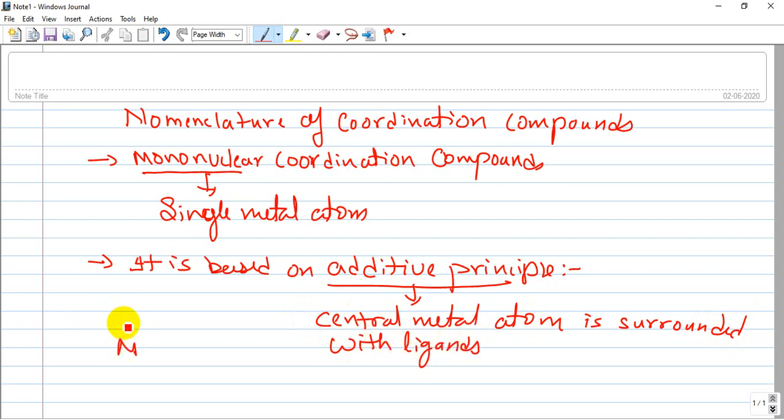Like this, you can see the structure. So when the metal is surrounded with different types of ligands, we call it the additive principle.